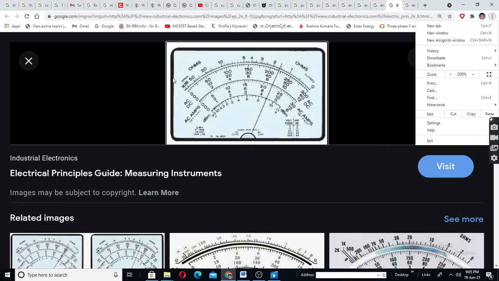Okay, this is about a multimeter. Similarly, you have AC and DC.